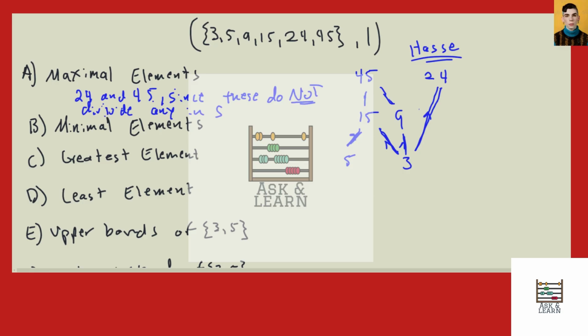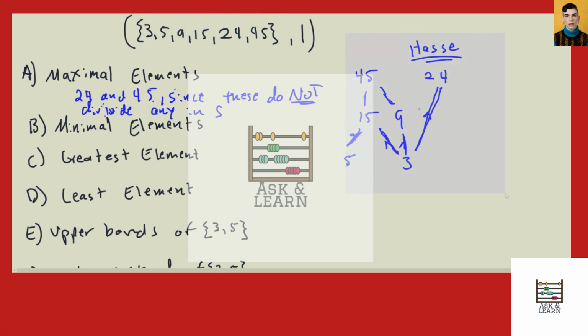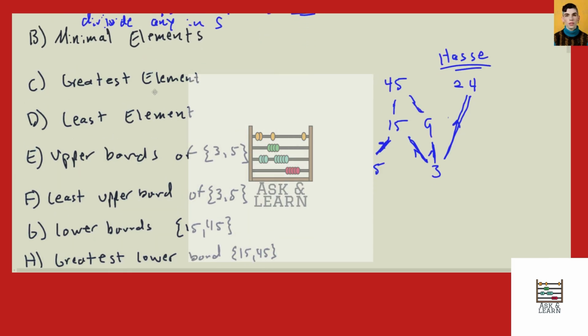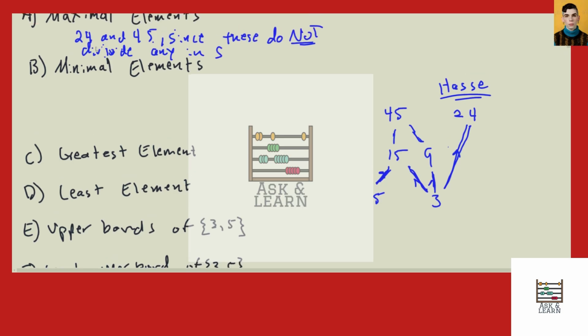Now for minimal elements, actually let me scoot this over a little because I'll need to move this down as we go. For the minimal elements, the maximal meant nothing could be divided by it. A minimal element is on the opposite side. It can divide things, but nothing can divide into it.